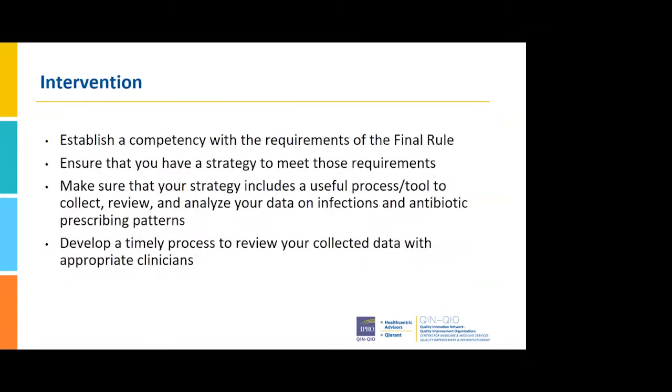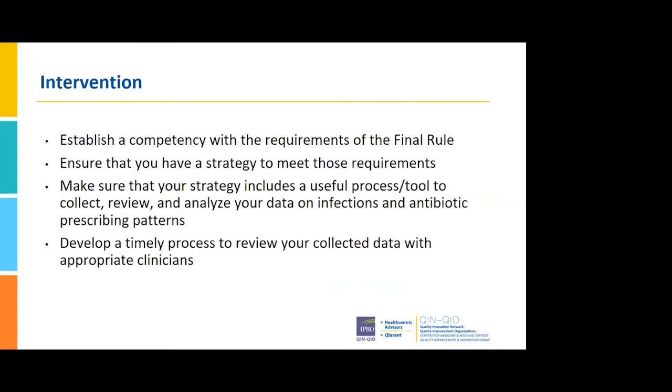Now I'm going to talk about some interventions that you can take on your infection tracking and your prescribing practices for antibiotics. First of all, you need to establish a competency with the requirements of the final rule so that your appropriate staff all understand what is in the expectations for that final rule.